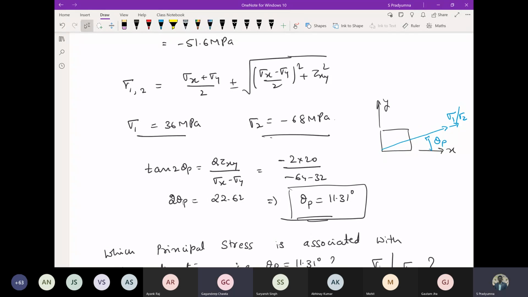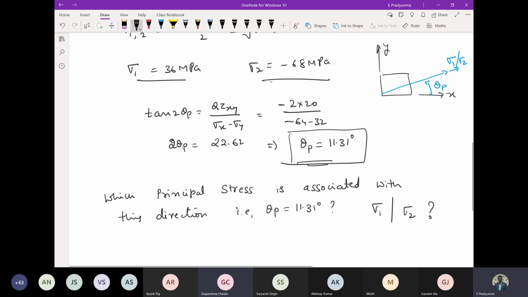Is that some physical interpretation? Because sigma 2 is greater, you should always get theta p? So what made you think like that? Do you have any physical reason for that? No, sir, I thought that the larger one should be there.